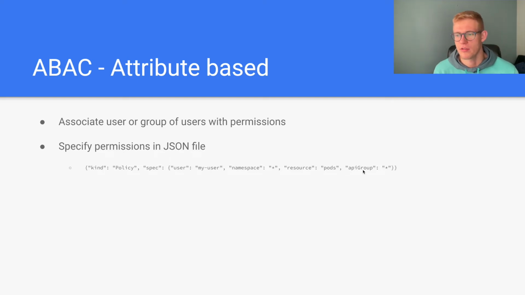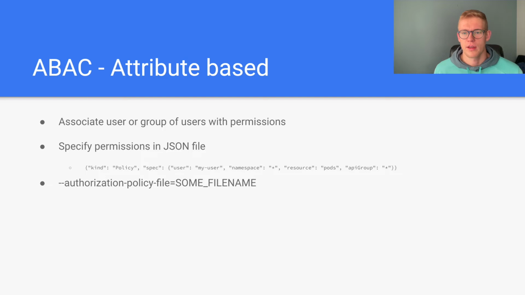In a prior video we discussed how APIs are grouped into different sets of APIs. I'll run over this again when we talk about RBAC in detail, but just understand here that we might have groups for things like apps that will include deployments, replica sets, and different components like that.